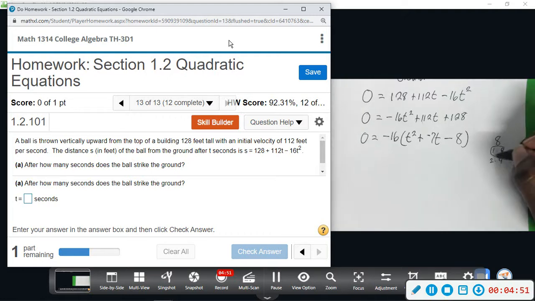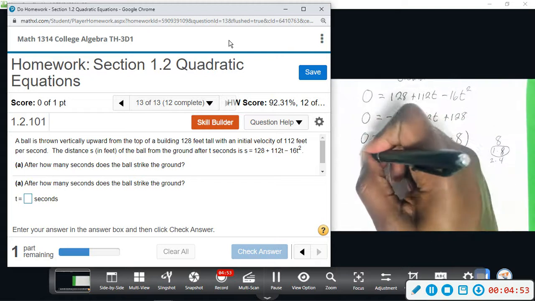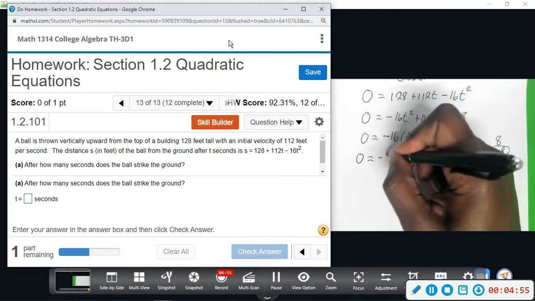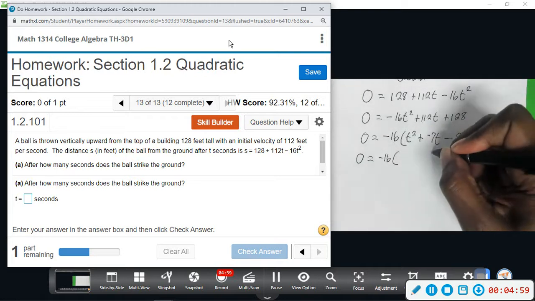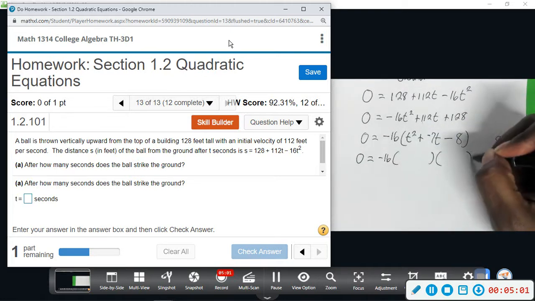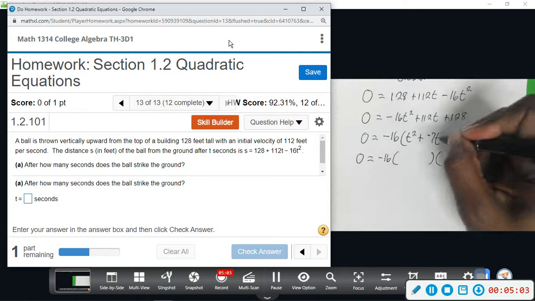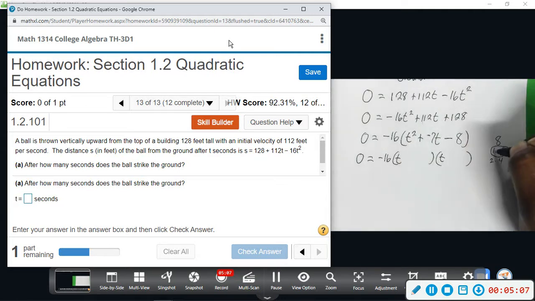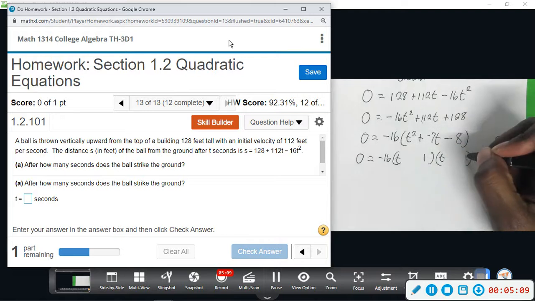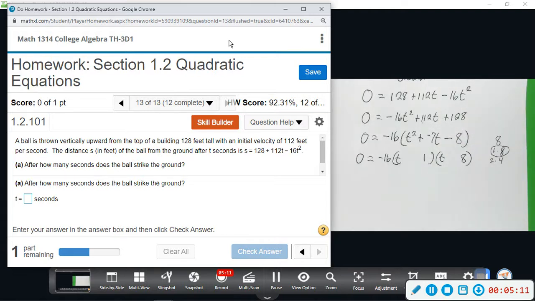That will be 1 and 8. All right, so this will factor. 0 equals negative 16, and then 2 sets of parentheses. We're going to distribute and put a t in each of them. That's our variable this time, t. At the back, we're going to pick 1 and 8, and then follow the rules of signs.